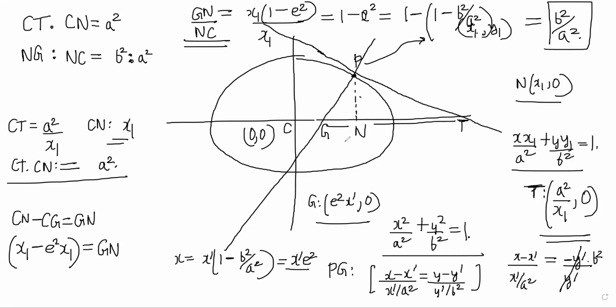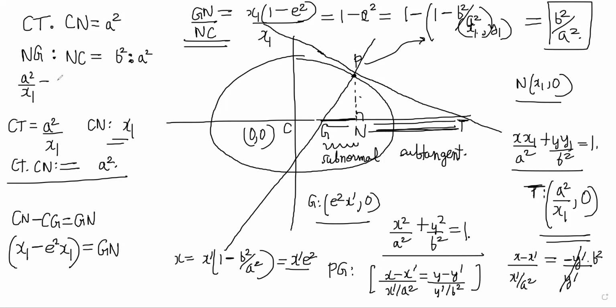This Gn is called subnormal because it is the distance between this perpendicular point and the point where the normal cuts the axis. Nt is the subtangent, and subtangent distance is coming out to be what? Nt is basically Ct minus Cn. So Ct was a square by x1 minus Cn.